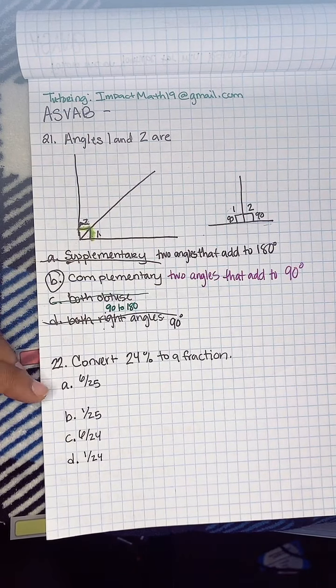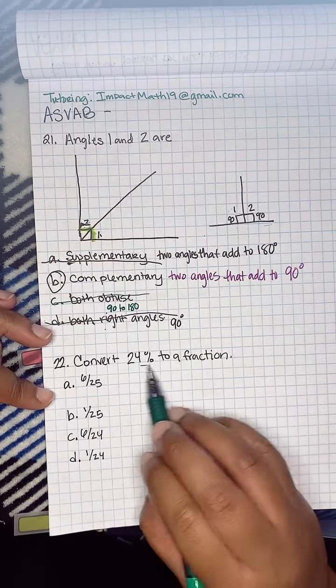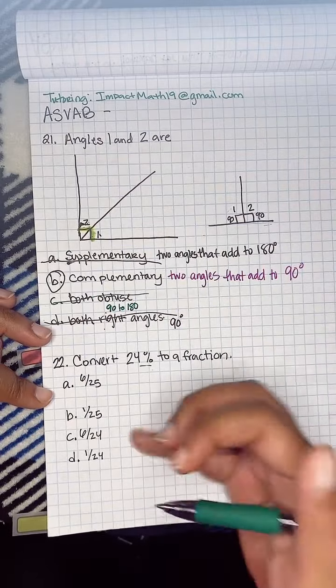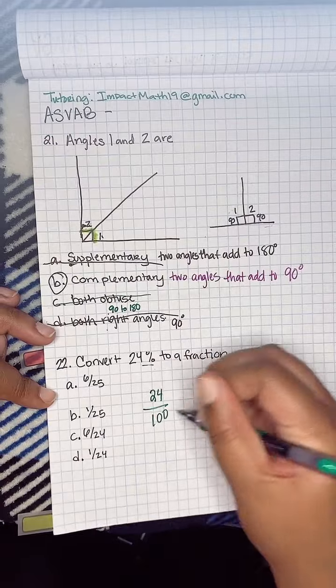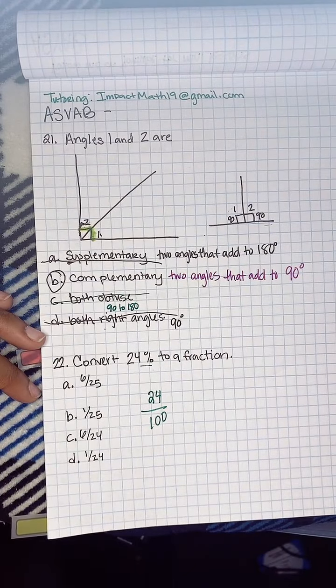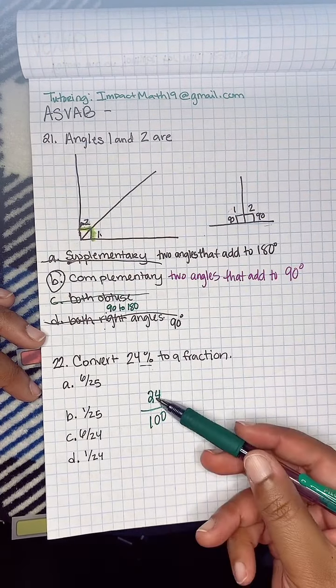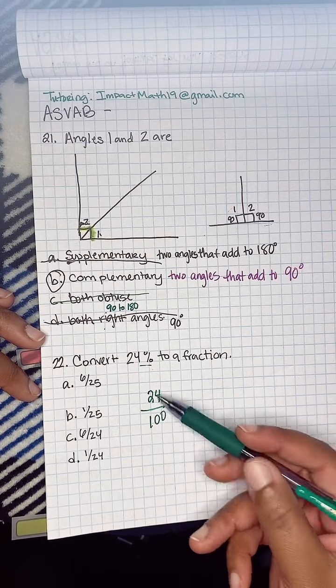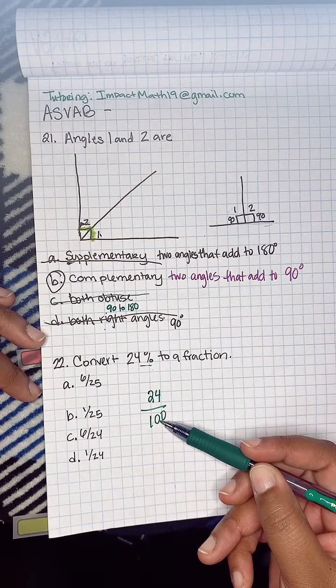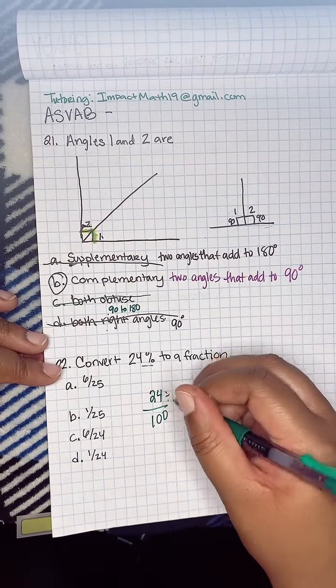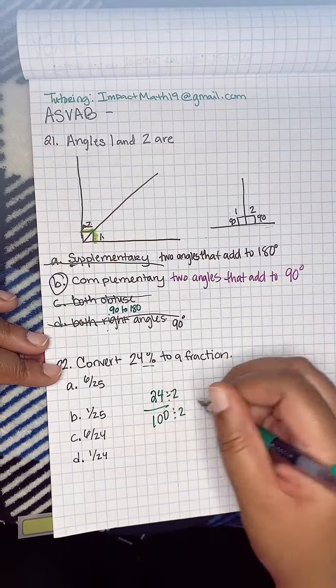Okay, so we got 22. All right, so percent. Remember, percent means per 100. So we're going to do 24 divided by 100. And if you don't know what can go into 24 and 100, just start halving it, okay? So what do I mean by that? I'm going to divide this by 2. I'm going to divide this by 2.